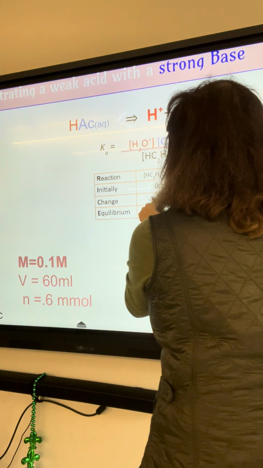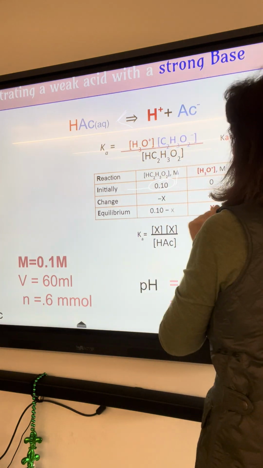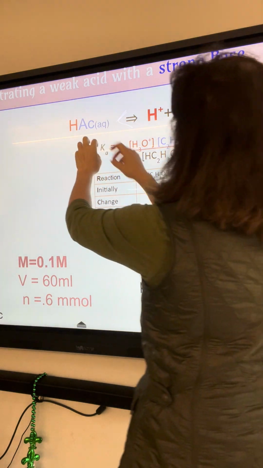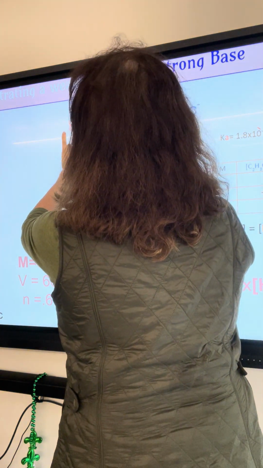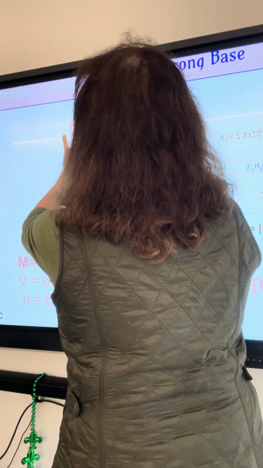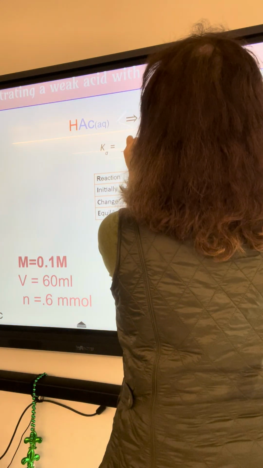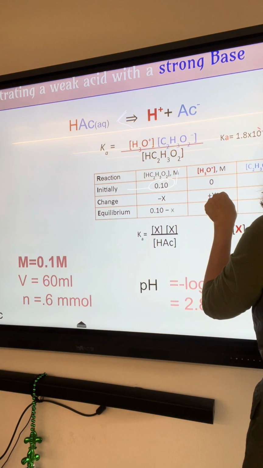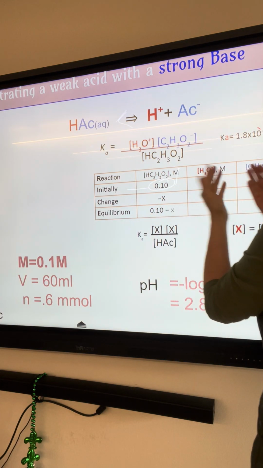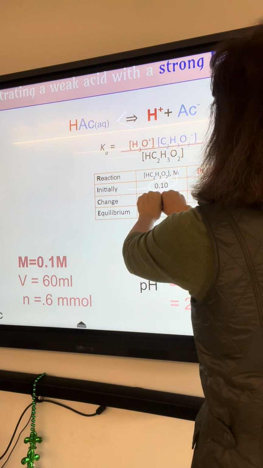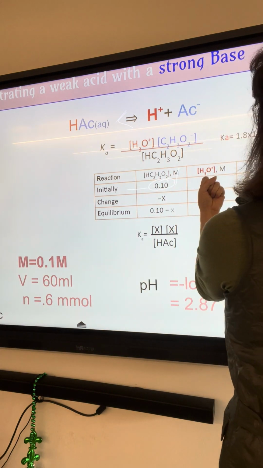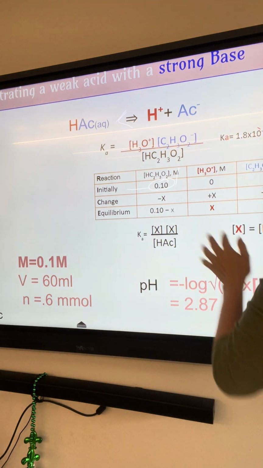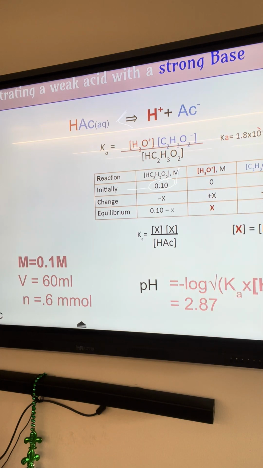But I said I'm going to subtract an X amount, and however many dissociated, let's say 1 dissociated, that one that dissociated is going to be in equal parts. So whatever dissociated, you're going to have the same amount of each product. You had this X, it dissociates in the exact same amount. So that's what I'm putting here.